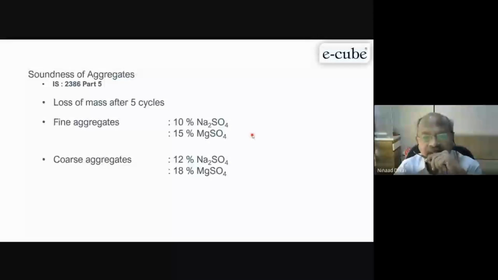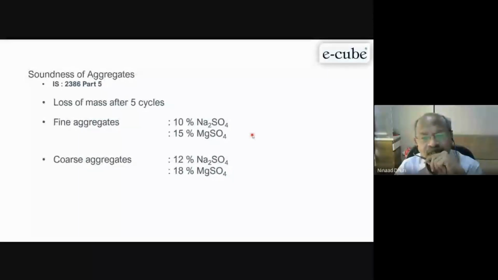What is happening in this whole process is that when you put dried aggregate in the solution, whatever porosity is there in the aggregate absorbs the saturated solution. Once it is absorbed, since it is saturated, it forms crystals. And a crystal always has more volume than its solution. So you give some internal stress to the aggregate for 18 to 20 hours.